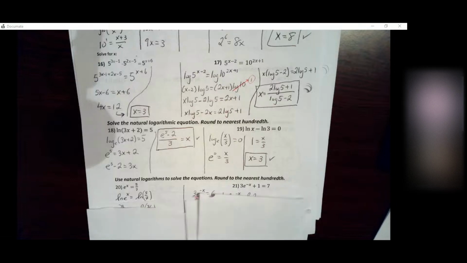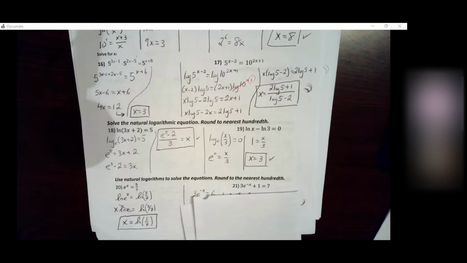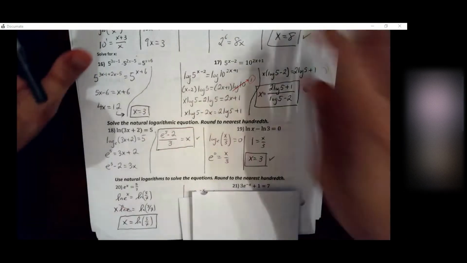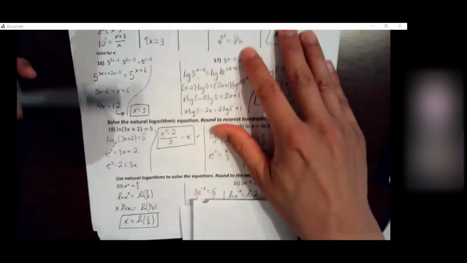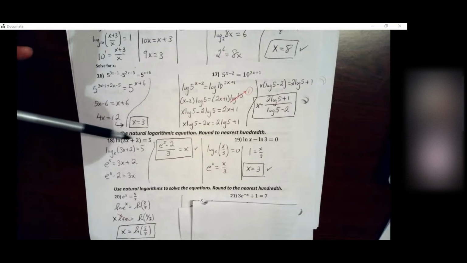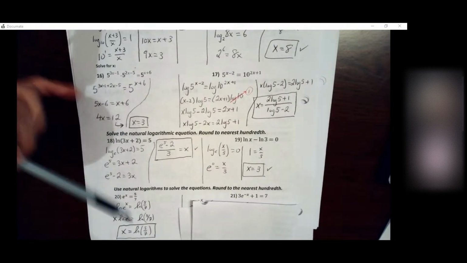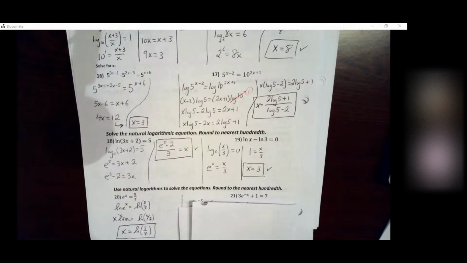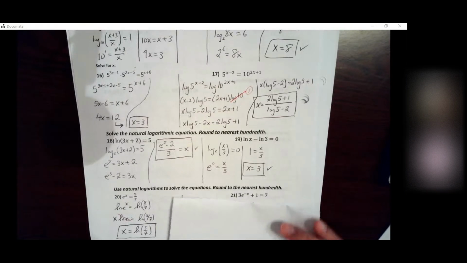So that's log base e of e to the x equals log base e of 5/7. The log base e and the e cancel out, so x equals ln 5/7. Oh, we don't have to check because this is not a log equation. So if we don't start off with a log equation, we're safe.